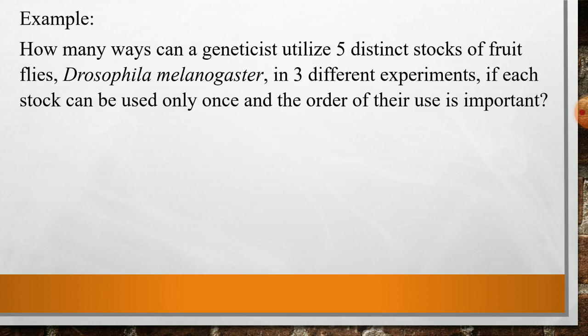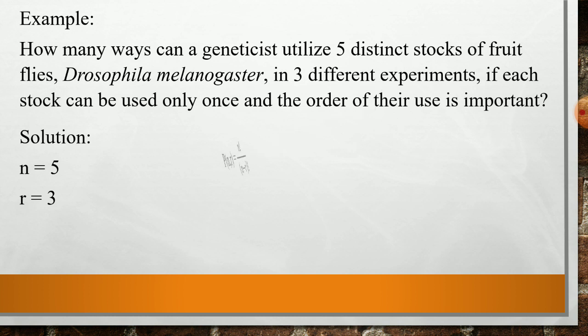Example: how many ways can a geneticist utilize 5 distinct stocks of fruit flies, Drosophila melanogaster, in 3 different experiments, if each stock can be used only once and the order of their use is important? So for our solution, the total number of items is 5 and the items taken will be 3.